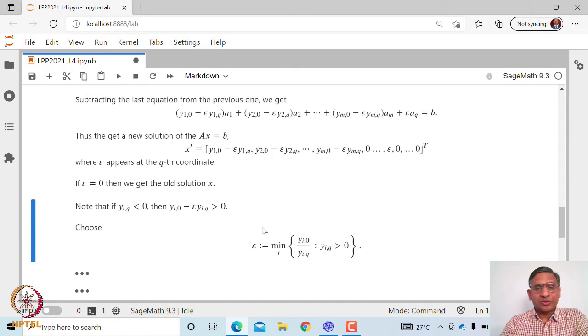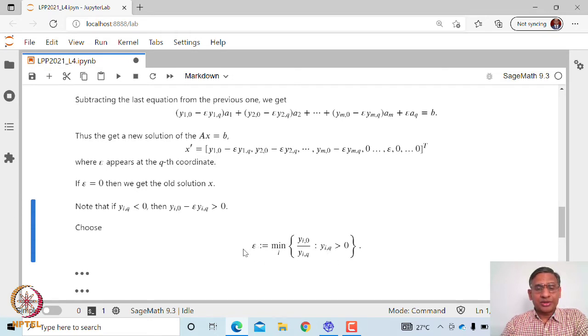The only thing we need to worry about is when yiq is positive, because then there is a chance that for some epsilon value, yi0 minus epsilon times yiq becomes negative. If this has to be non-negative for everything, that gives the choice of epsilon which makes all these components non-negative. The choice is to take the ratio yi0 upon yiq for only those where yiq is positive.